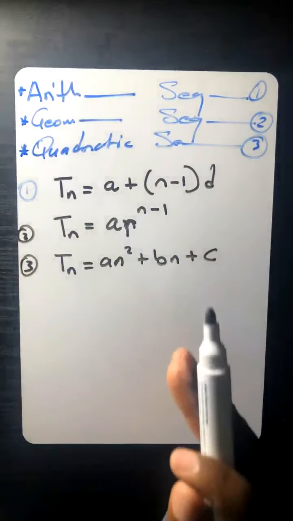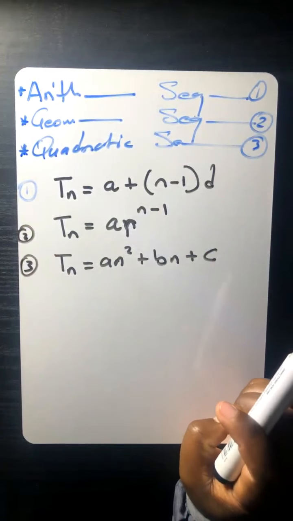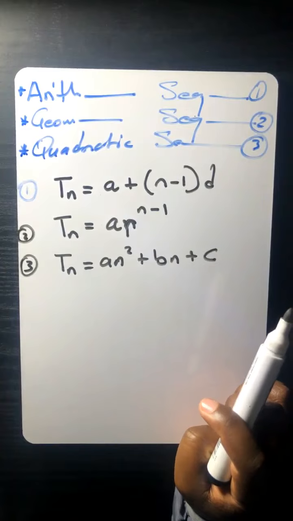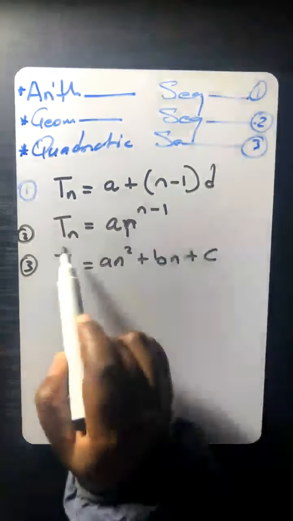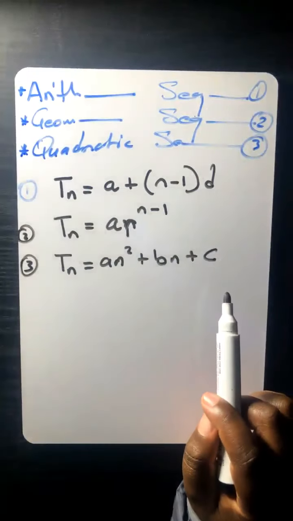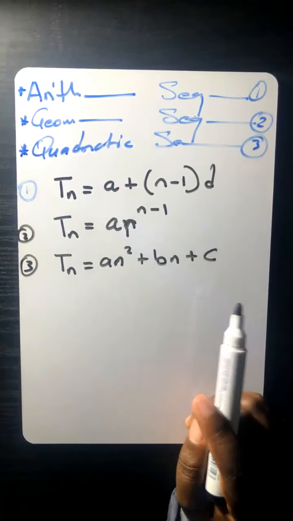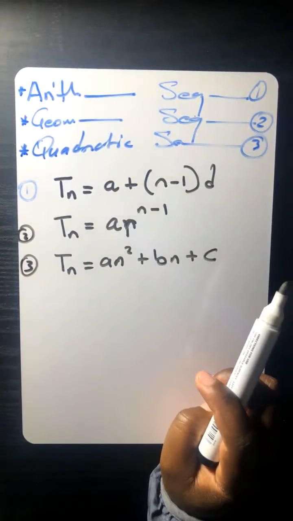The most important thing is that if you are given a number pattern, you need to find out what type of sequence it is. Is it number 1, number 2, or number 3? And how do you determine which one it is?